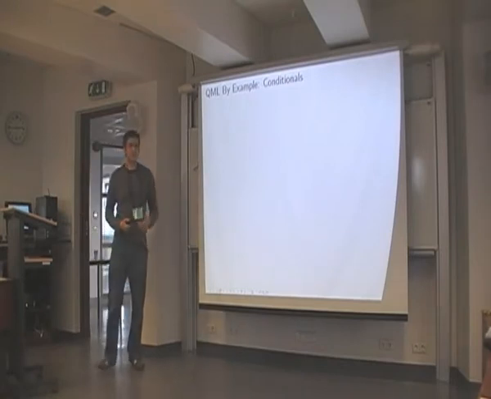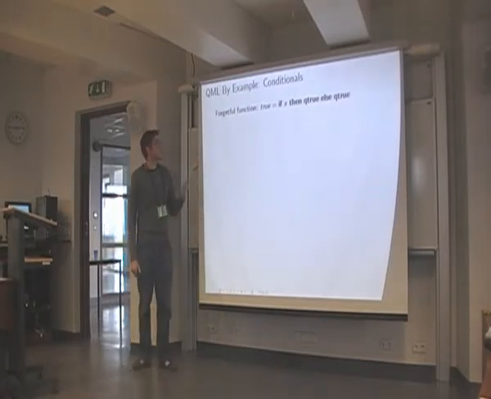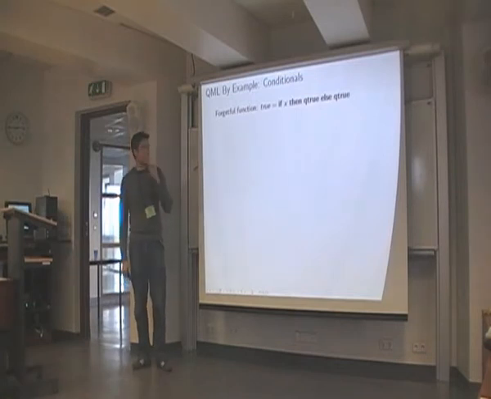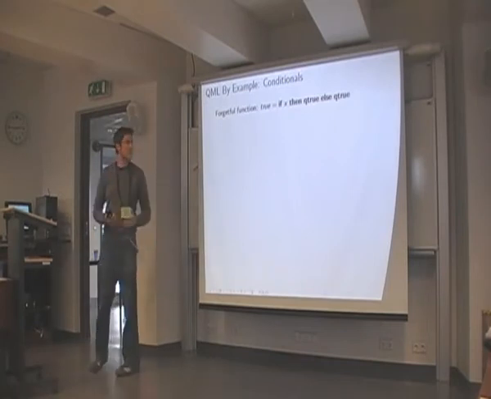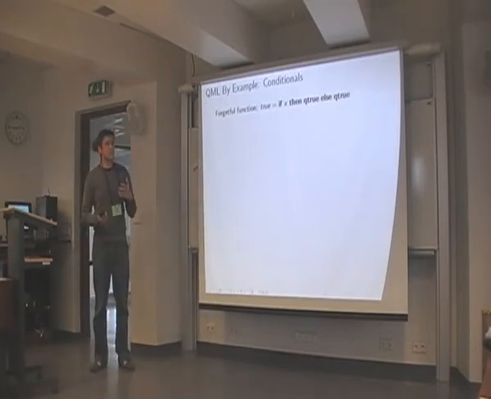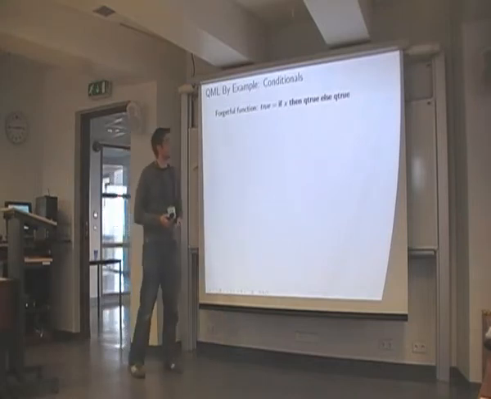So a few examples now of how to write terms and how they're evaluated by the compiler. So what happens if we write a forgetful function? If I define true to be if x, then q true, else q true, how do our two different control operators deal with it?